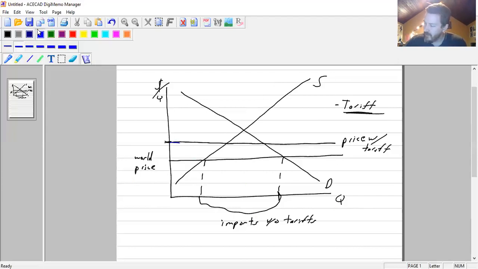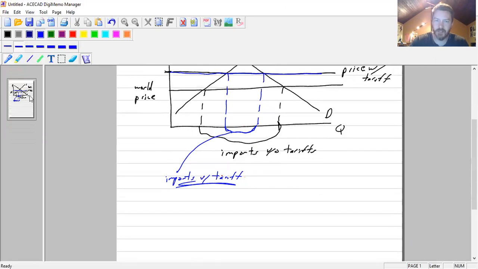Let me rewrite this. This is the price. This is the price with the tariff. And so this becomes imports with the tariff.